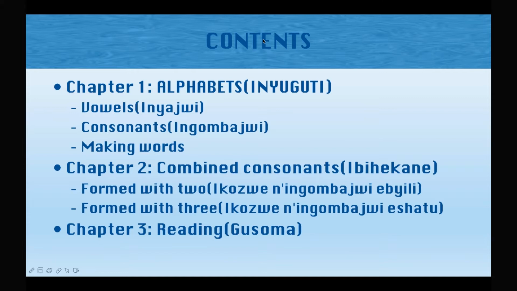There are combined consonants formed of two consonants, called igihekane gikozwe n'ingombajwi ebyiri, and we'll be learning combined consonants formed of three consonants. And after that, we'll be learning reading, and you can read any passage or composition made in Rwanda, and I can guarantee you'll be able to do that after this lesson.